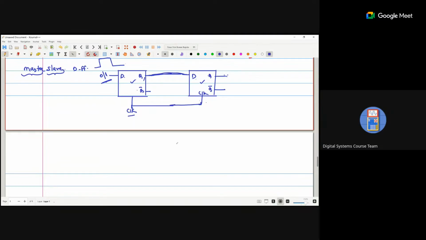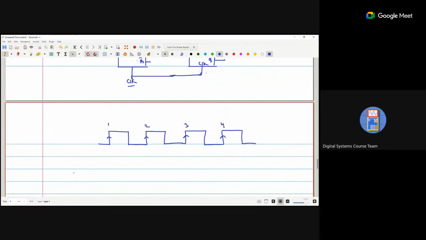Just say Q1 and Q. This is my clock. First, second, third, fourth. At the first clock, I apply D as 1.